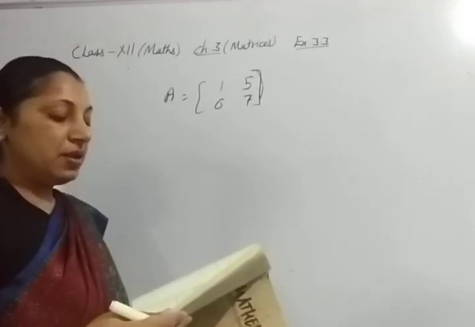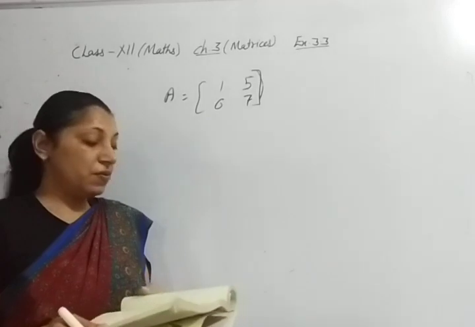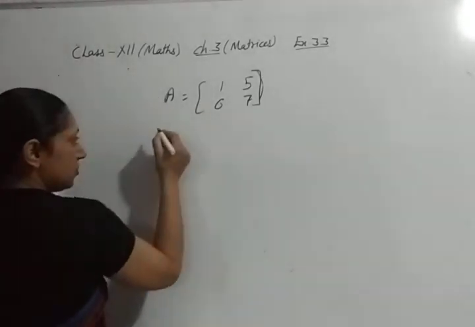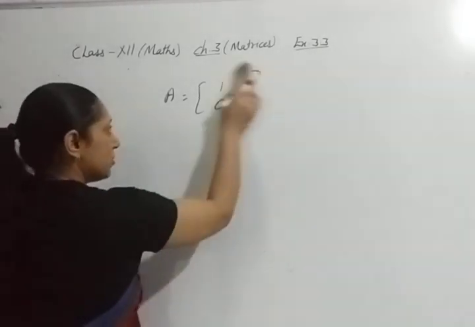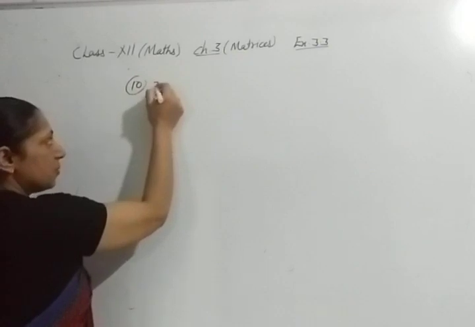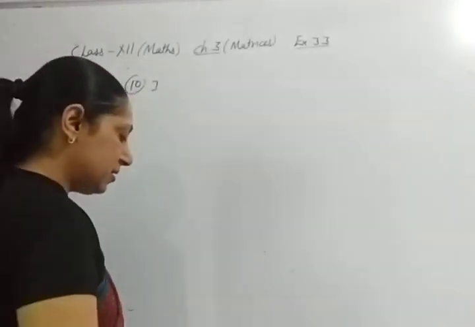I am coming to question number 10. Express the following matrices as the sum of a symmetric and a skew symmetric matrix. So take the next question. Question number 10, first part. I am doing only the one part, remaining are simple and you have to do yourself.